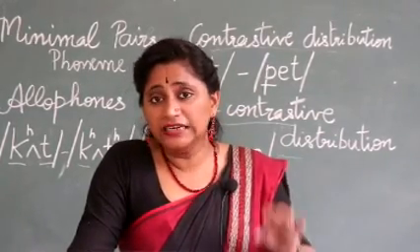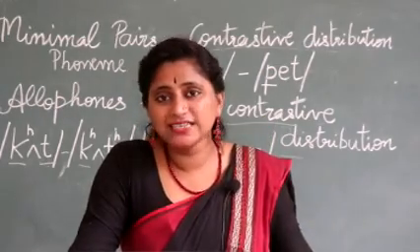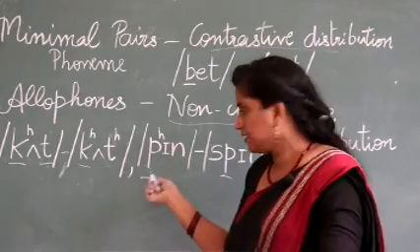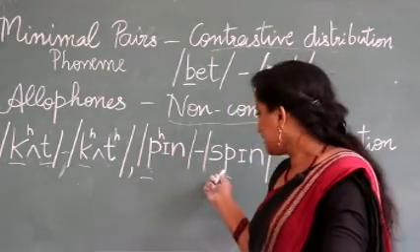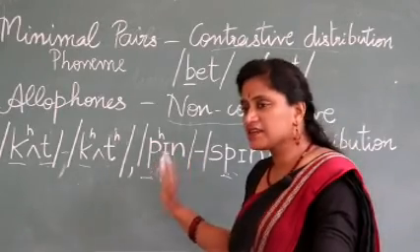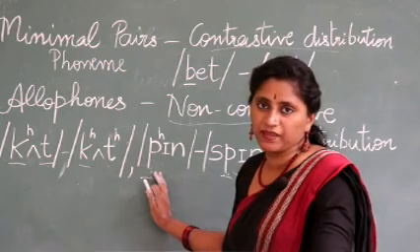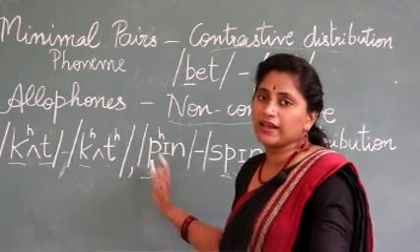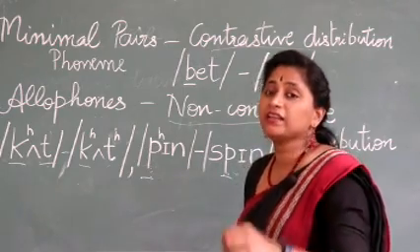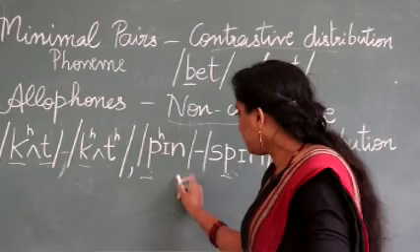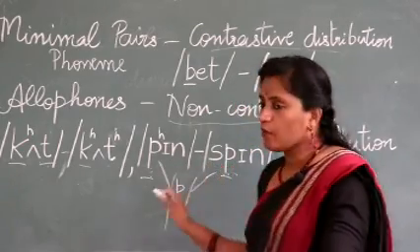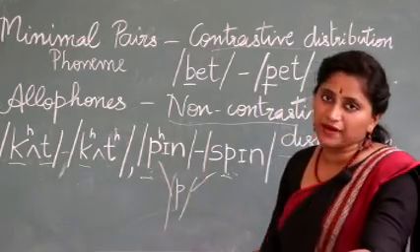So allophones are different concrete phonetic realization. Here it is aspirated, here it is unaspirated, so there is a difference between them, and this difference is concrete, it is fixed. Different phonetic realization, it is uttered differently, it is not meant for writing. Phonetic realization of the same phoneme p, one is aspirated, the other one is unaspirated.